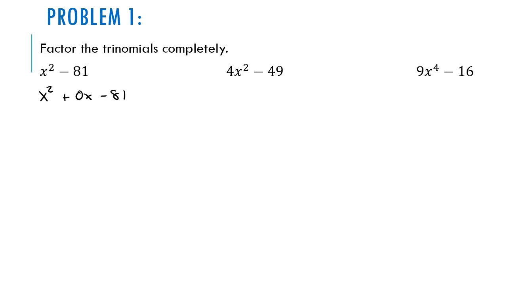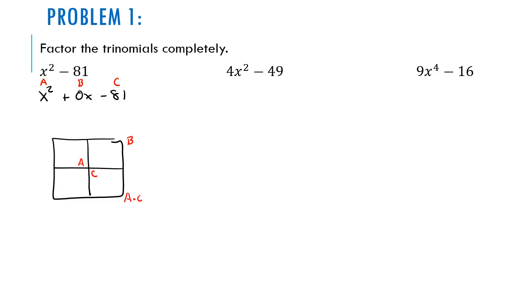And it's a trinomial, which means I can use a box to factor it, where this is the a, the b, and the c. So x squared would go here, negative 81 goes here, 0x is here, and we multiply a and c together to get negative 81x squared.